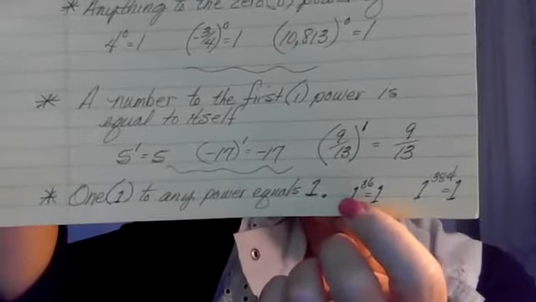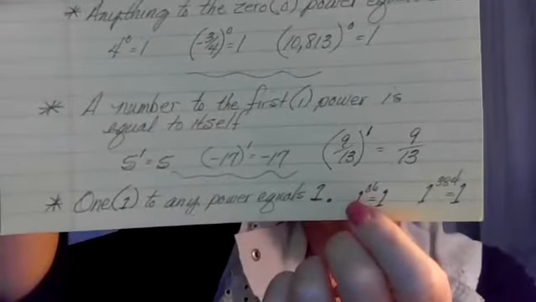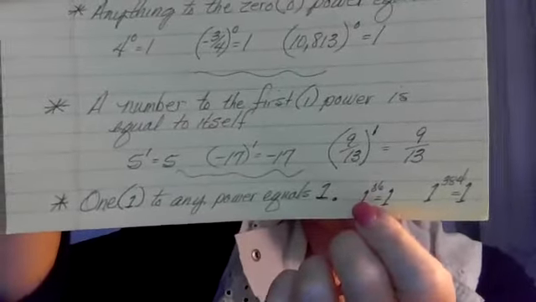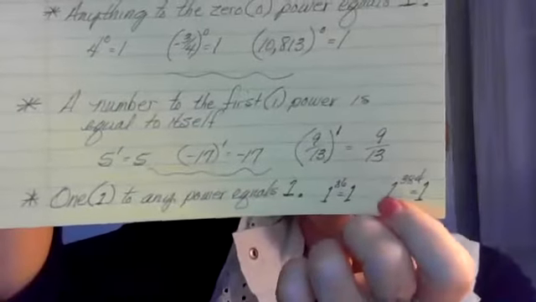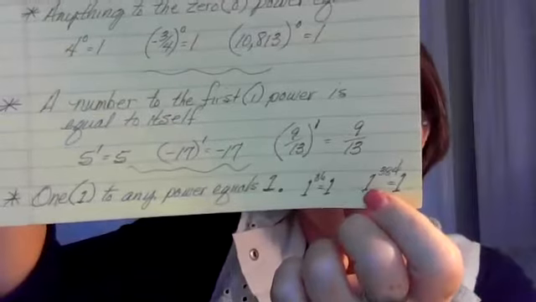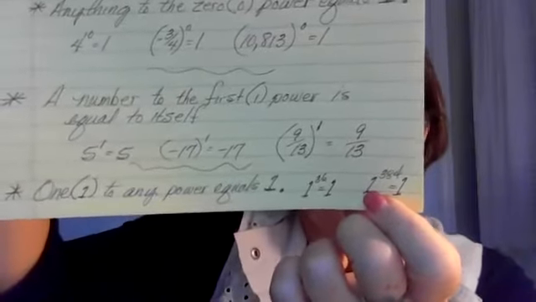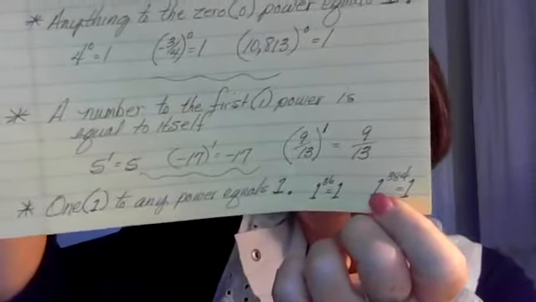But 1 times 1 is 1, times 1 is 1, times 1 is 1, times 1 is 1. So even over here to the 384th power, it's still going to be 1, because it's 1 times 1 times 1 times 1. Any questions on those?